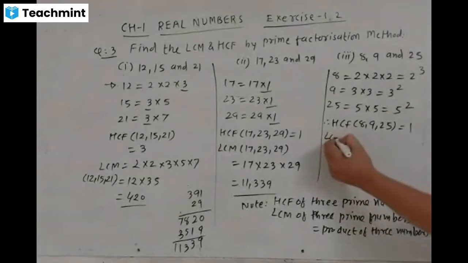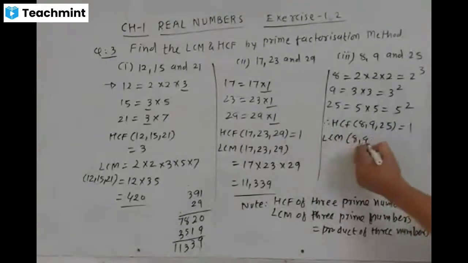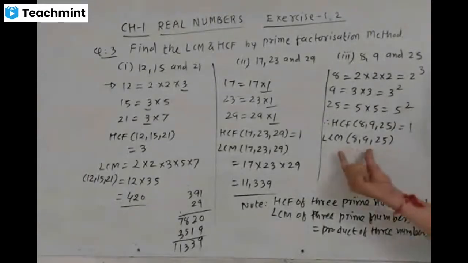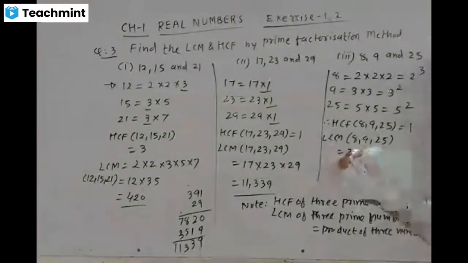And LCM is the highest power of the prime. HCF means the least common power of the prime. And LCM is the highest power of the prime. Highest power of 2 is 2 raised to 3.